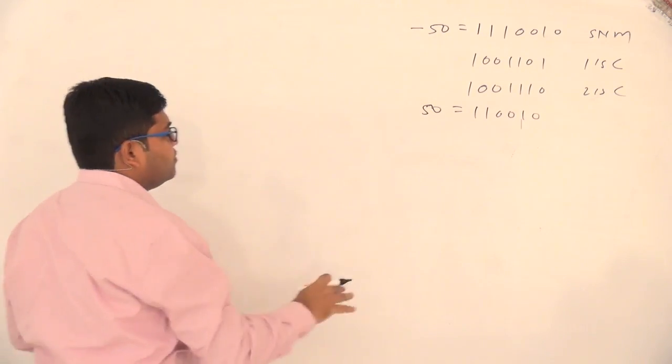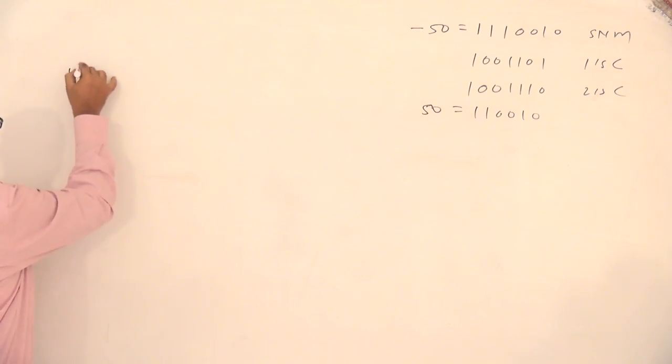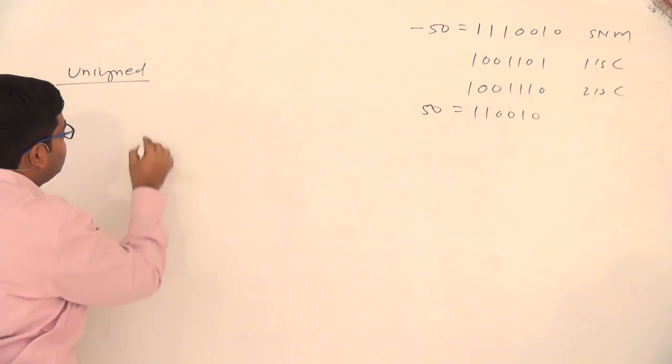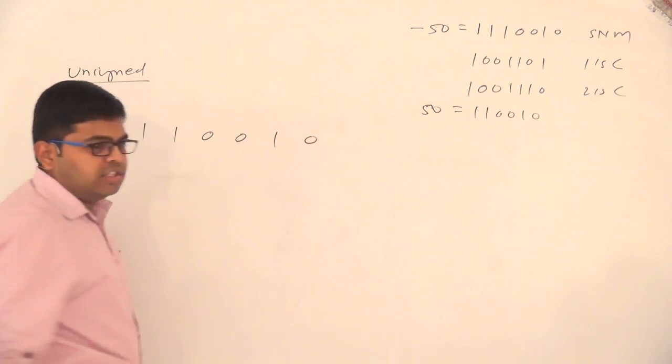Now see, in unsigned plus 50 is written as 1 1 0 0 1 0.